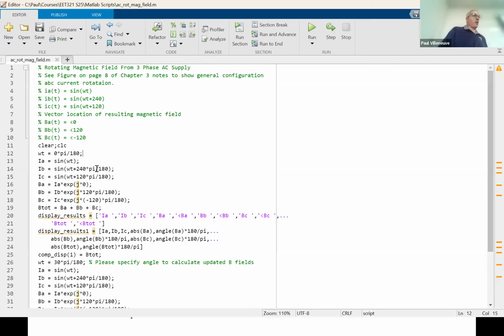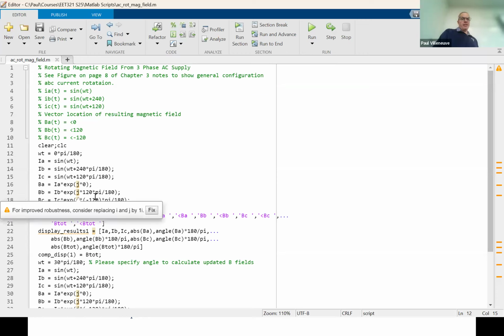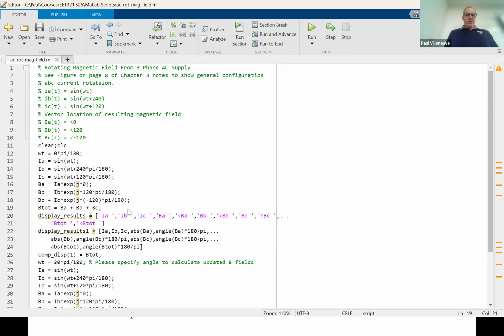So I calculate my three currents, what the actual values are at 0 degrees. Then I'm going to go ahead and calculate what the individual magnetic fields are because of those current flows, BA, BB, BC. Then I'm going to sum those together and come up with a total value.